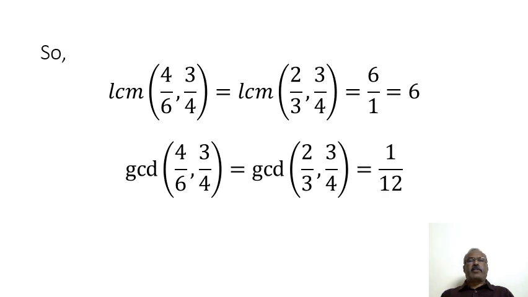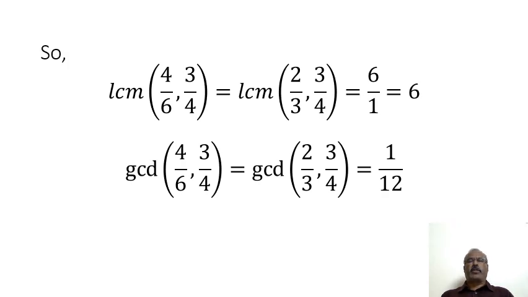Therefore, LCM of 4 over 6 and 3 over 4 is equal to LCM of their reduced forms, which are 2 over 3 and 3 over 4, which equals 6 over 1, that is 6.